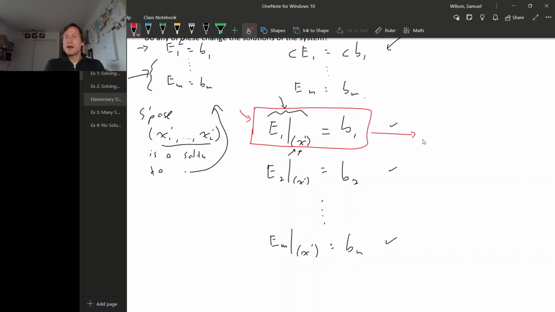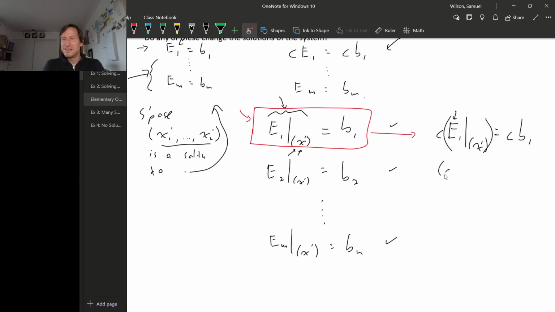So if we multiply both sides of this by c, what we get is this, right? The constant times all of the arithmetic that we did. But we can distribute this constant into this expression.